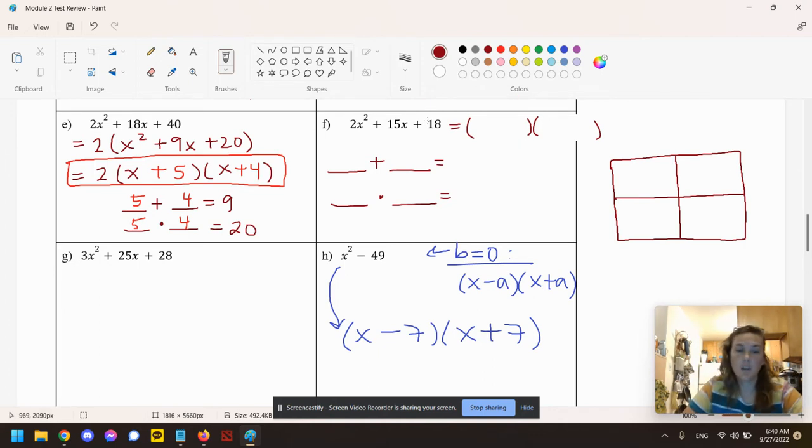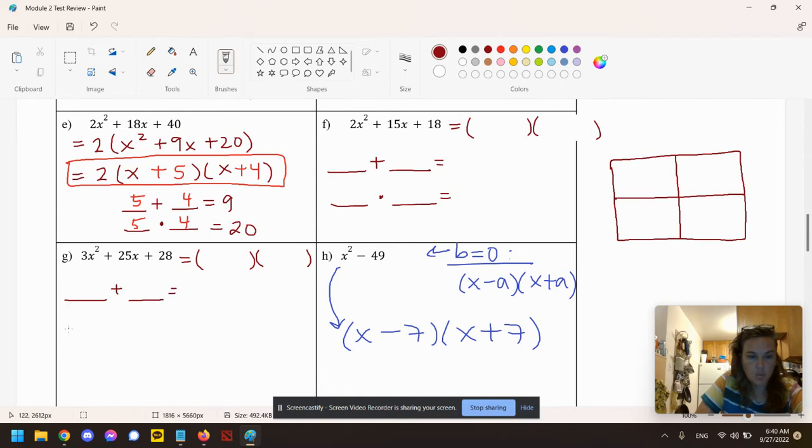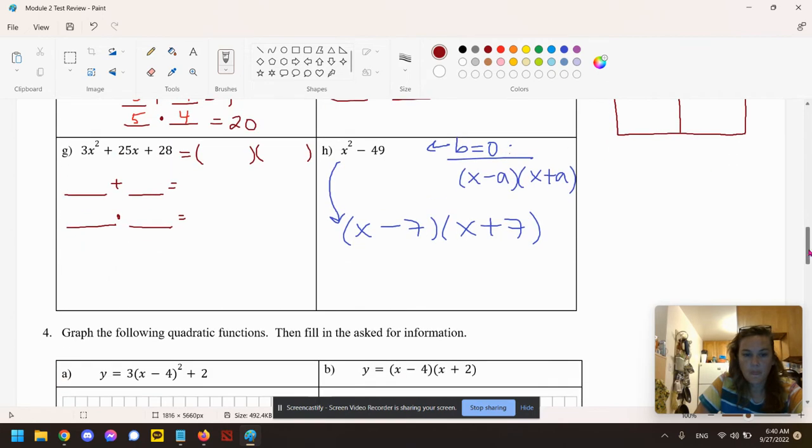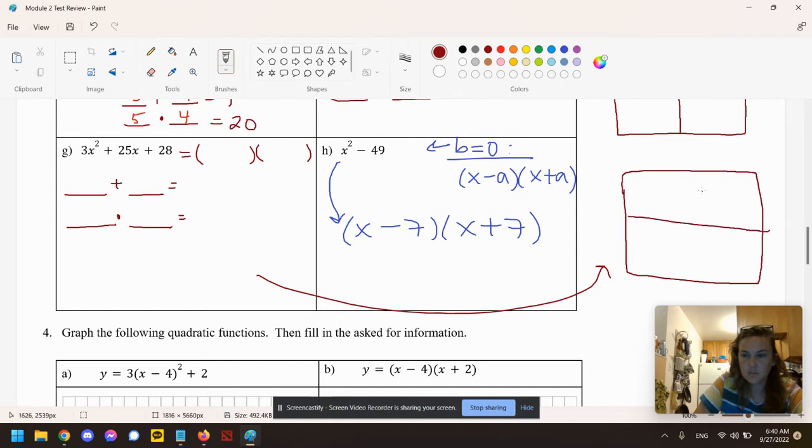So here's my setup for F and G. I'm going to go ahead and set up G as well. I still want two numbers where we're adding to something and multiplying to something, and then we're eventually going to use this box.